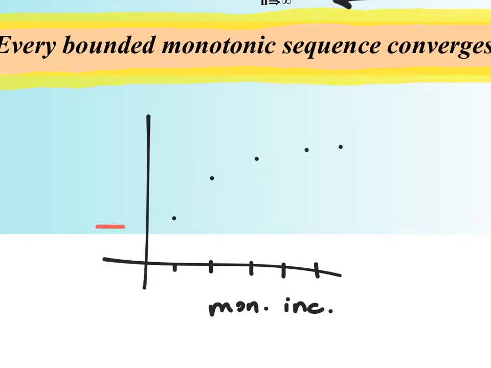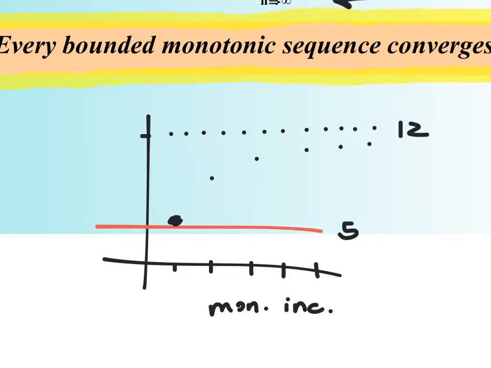Well, now what we know is that this lower limit is where u sub n equals u sub 1. Let's say the first term of the sequence was 5, and the limit of the sequence as n approaches infinity is 12.